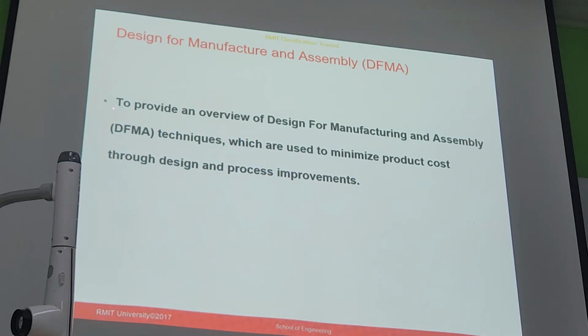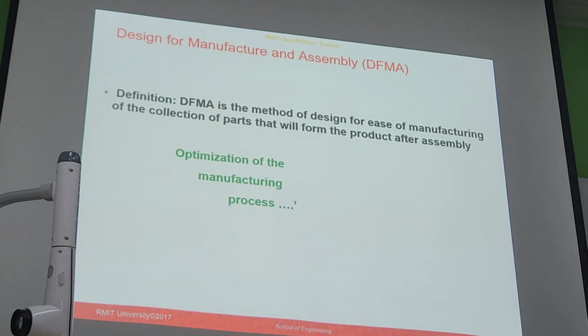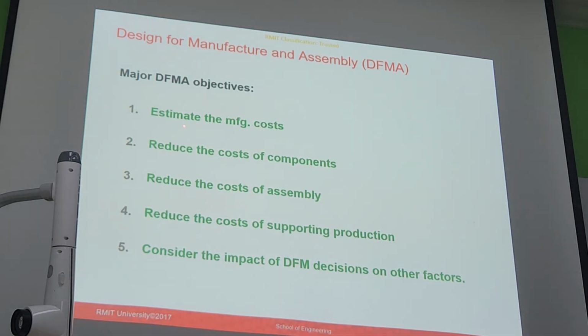We have to try to use DFMA. It means design for manufacturing and assembly. The major subjects are estimating the cost, reducing the cost of the assembly and components, reducing the cost of support production, and considering the impact of DFM, design for manufacturing, decisions and factors.